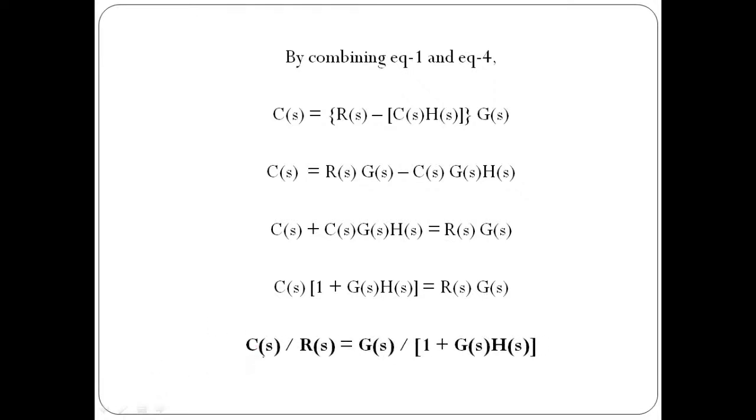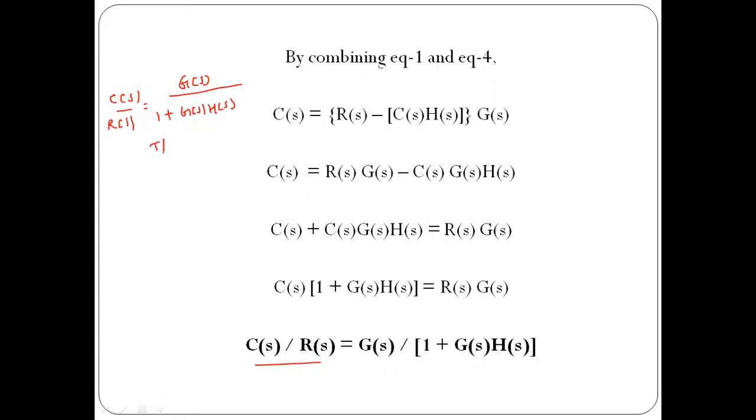So here C of S by R of S is going to be G of S whole divided by 1 plus G of S into H of S. So I'm writing this equation over here. C of S by R of S is going to be G of S whole divided by 1 plus G of S into H of S.